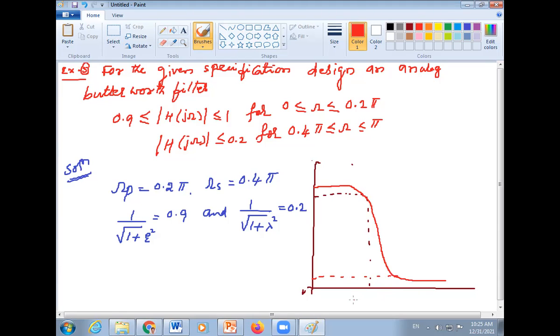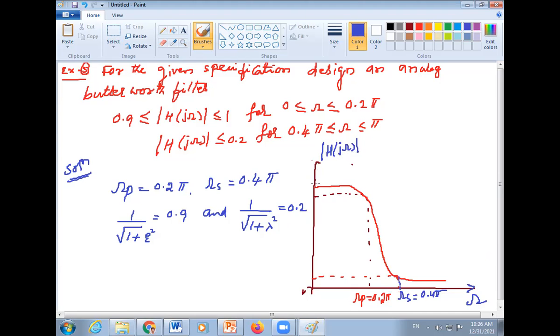Here at this point, this is the value of omega p, which is equal to 0.2 pi, and this is the value omega s, which is equal to 0.4 pi, with respect to omega. And here, this is the magnitude h of j omega.